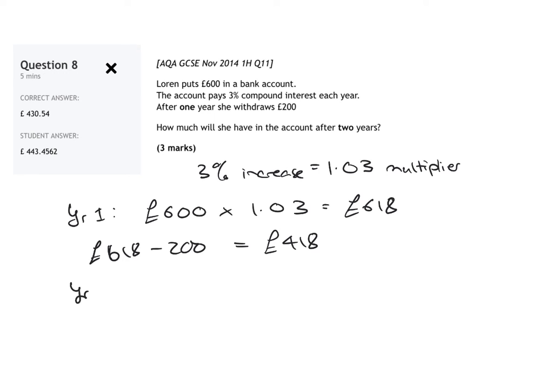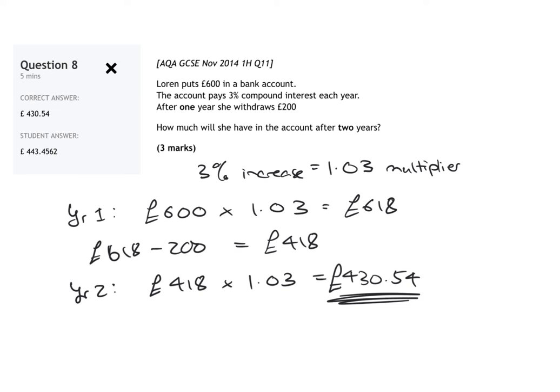And then in year 2, we start with 418. We multiply again by 1.03. 418 multiplied by 1.03, and we end up with exactly £430.54.